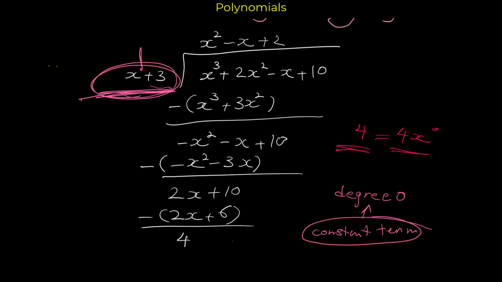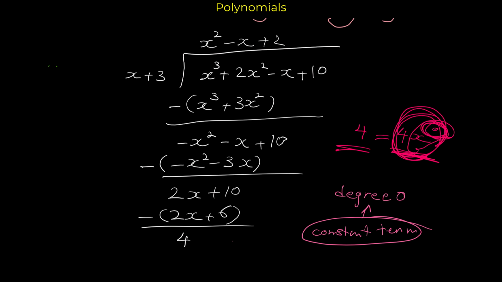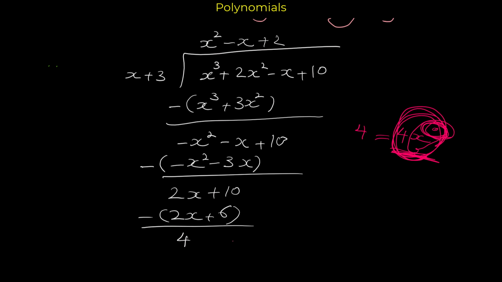As we can see, this term has a degree and its degree is 0. That's the reason we can consider a term that is just a number as a constant term, a term with degree 0.